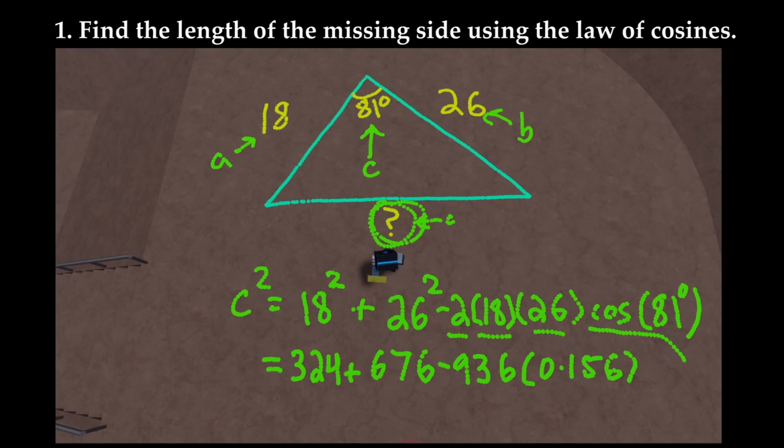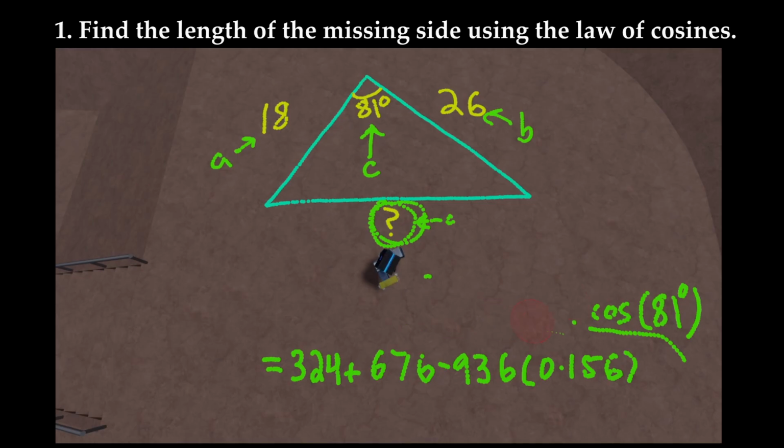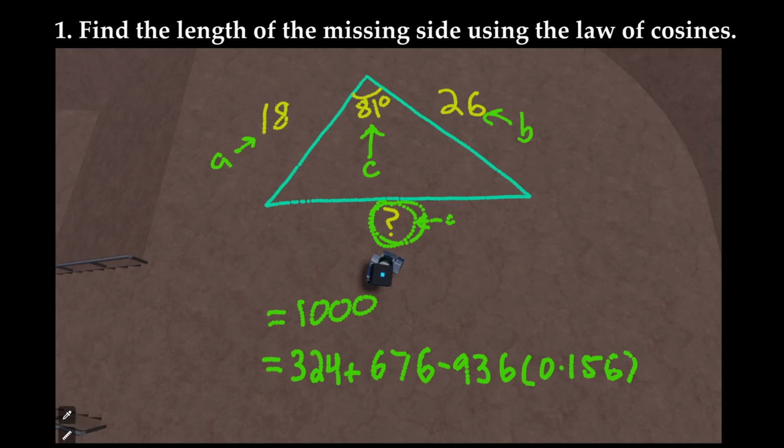Let me erase a bunch that's at the top here, and then just continue to compute this. So I'm going to go back up now. So 324 plus 676 is just 1,000. And then if you do negative 936 times 0.156, you should get that is equal to negative 146, roughly.